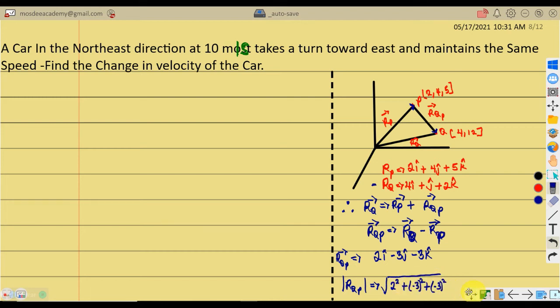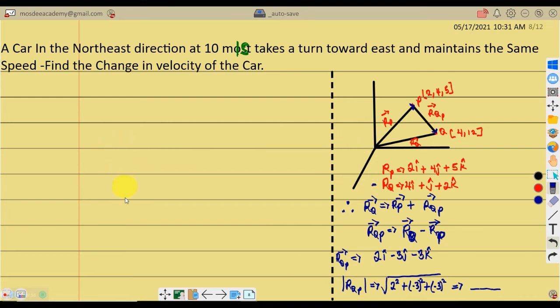Doing this mathematically, I know students can get the answer. We are going to have something like 4 plus 9 plus 9. You can always tell the answer in the comment section. 9 plus 9 is 18, 18 plus 4 is 22. So square root of 23 will be the answer according to my explanation. What I've done now is just explaining the position vector of one point with respect to the other point. So always keep that in mind because of other examples.